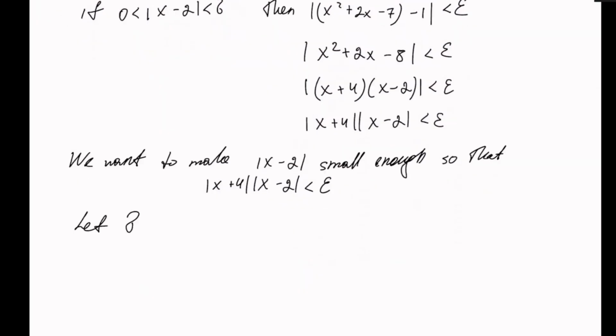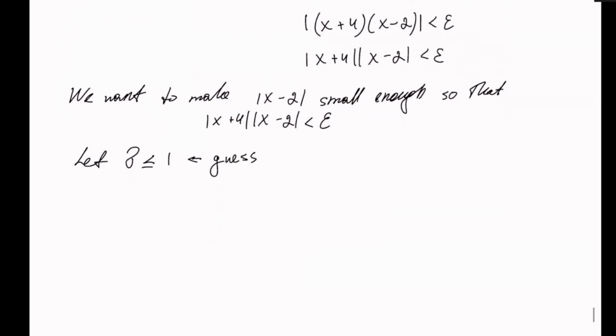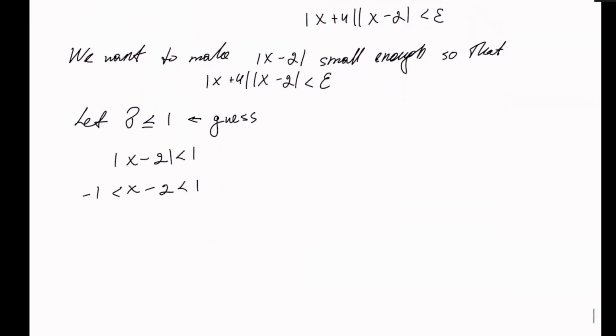So we let delta be less than or equal to 1. That would be our initial guess. From here, we say absolute value of x minus 2 is less than 1, so x minus 2 is less than 1 and greater than negative 1 as before. We add 2 to all sides, and we have x between 1 and 3.